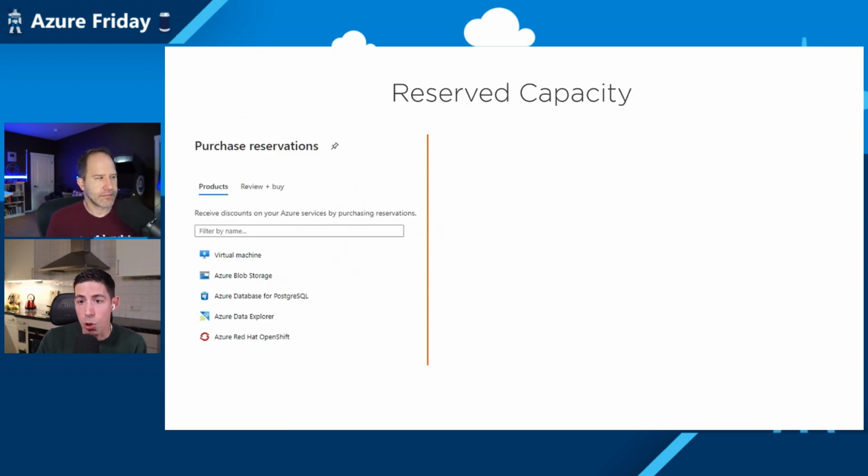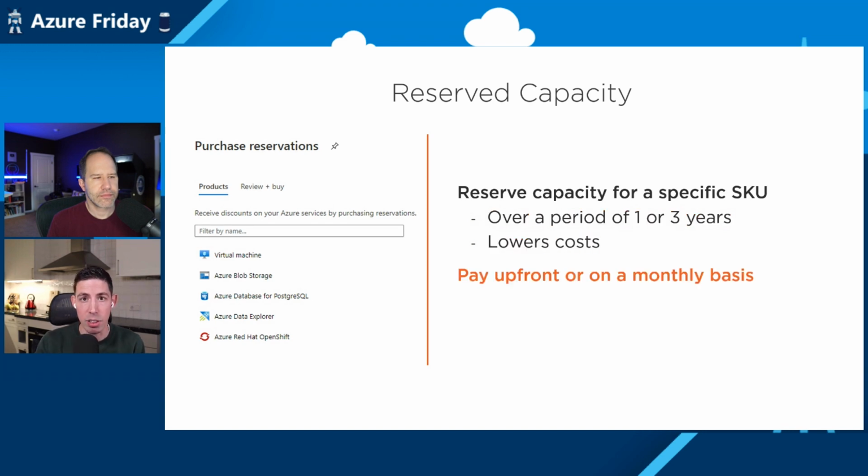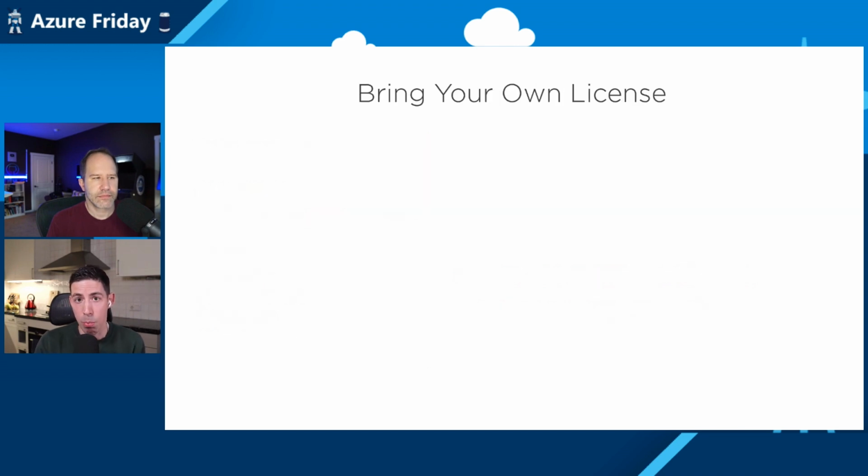Also, you can reserve capacity for VMs and also other resources. Like I already alluded to, you can say, I know I'm going to use this VM for, let's say, 3 years. Because I know this, I can reserve the capacity for this VM and therefore get a hefty discount. You can pay upfront or on a monthly basis, and you can cancel or exchange the reservation at any time. Another important thing is that you can bring your own license.